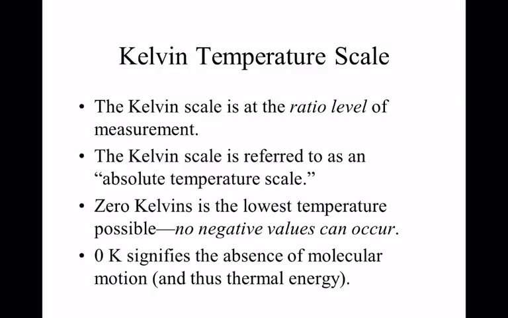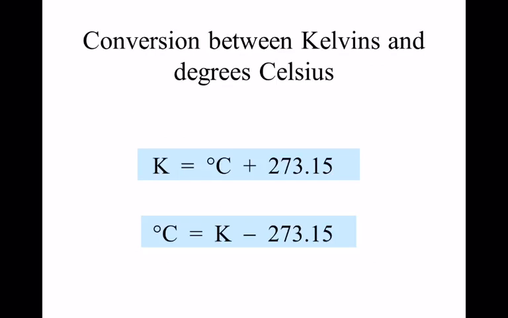One of the things you're going to want to be able to do, you might want to even put it on your note card, and we'll look at problems where you need to do these conversions on Wednesday. But if, for instance, you're given the Celsius temperature and you need the Kelvin temperature, here's how you do it. You add 273.15 units.